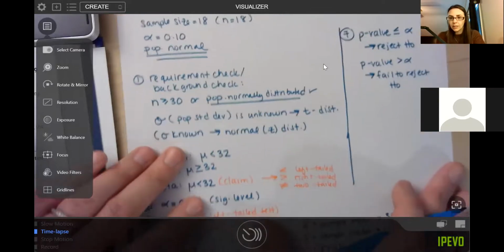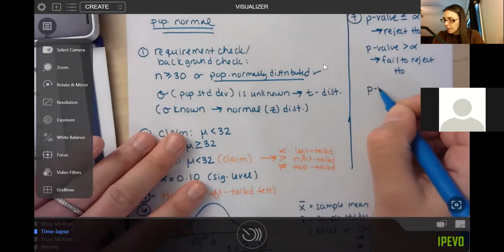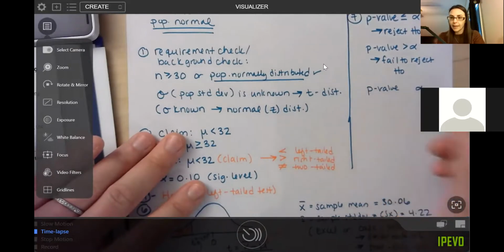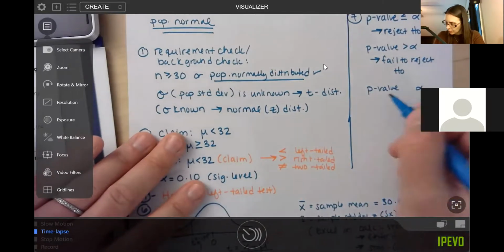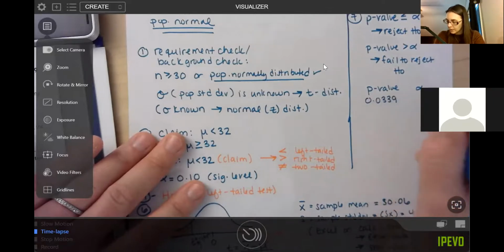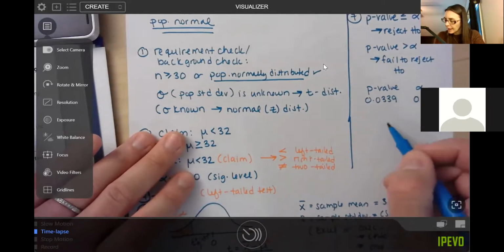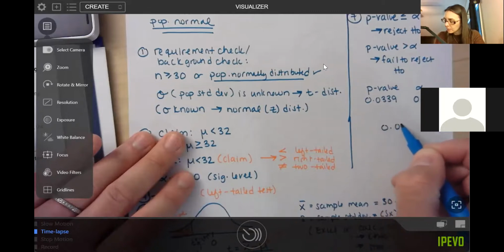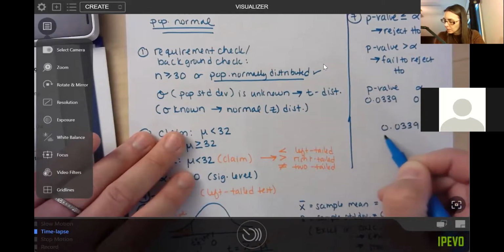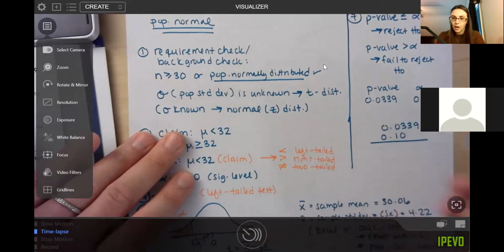So what I usually like to do here is I will just kind of set it up and write p-value, I'll write alpha, and I'll fill in my answers. So our p-value was 0.0339, and our alpha we said was 0.10. So if I compare these together, if you're not sure how to compare them, line them up decimal-wise. Okay, and then go column by column.